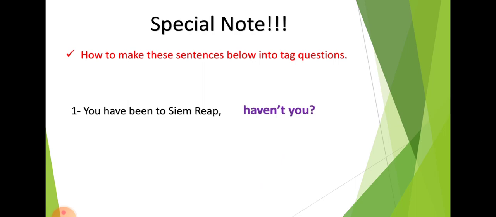We form the tag question with "haven't you" because the sentence is positive and in the present perfect. When it is in present perfect, we use the auxiliary verb "have" to form the tag question, and it is positive. That's why the tag question must be negative.